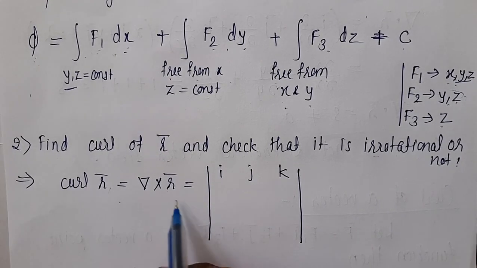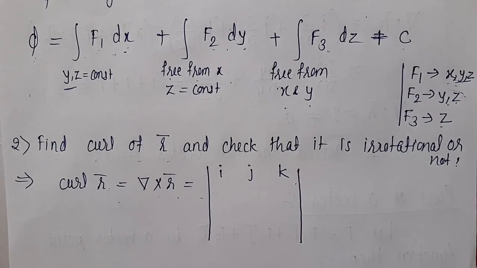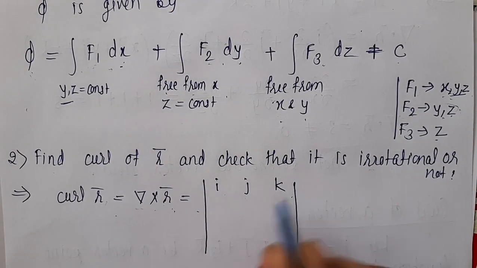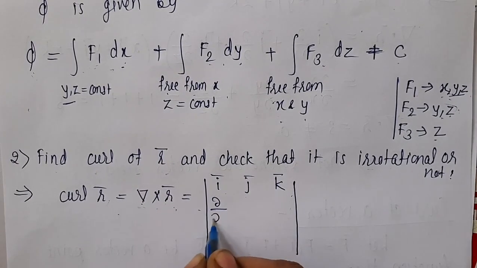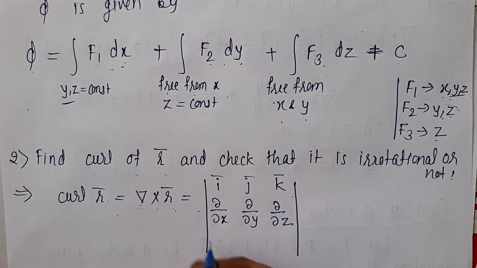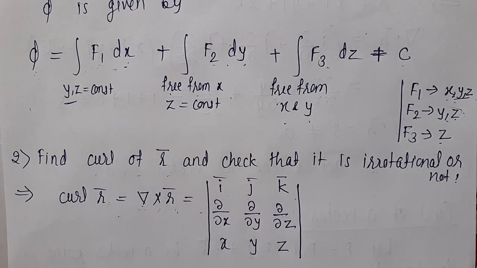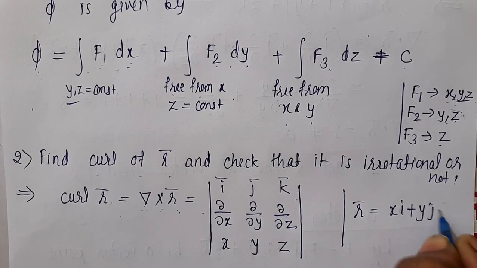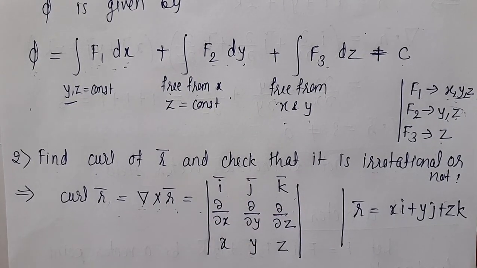Now the curl of vector r is equal to del cross r, which is equal to the determinant of i, j, k, then the coefficients of del, that is del by del x, del by del y and del by del z, and the coefficients of r, which are x, y and z, because we know that our vector r is equal to xi plus yj plus zk.